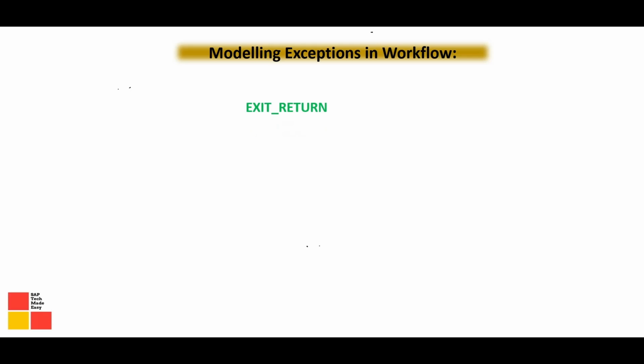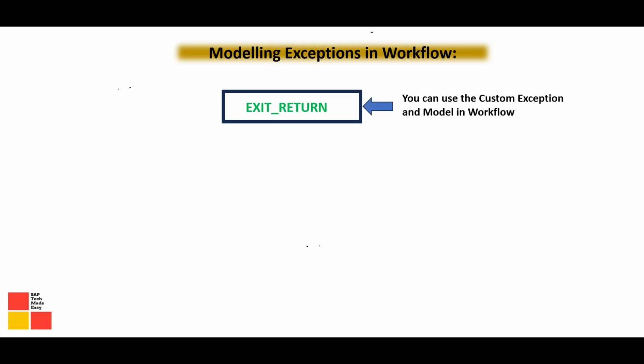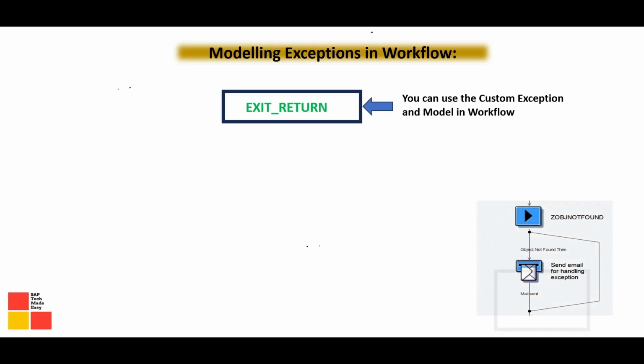In the last session, I used the exit underscore return macro, and with the help of this macro, I was able to use my custom exception, which I defined in my workflow method. Then I was able to use it in the workflow and did the custom modeling for that particular error.